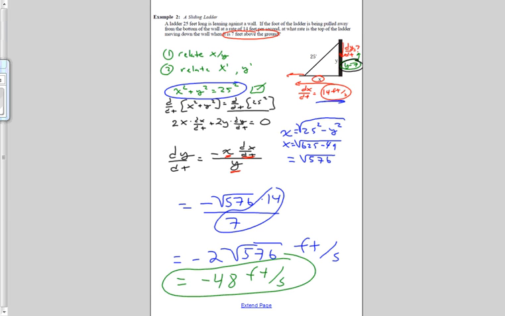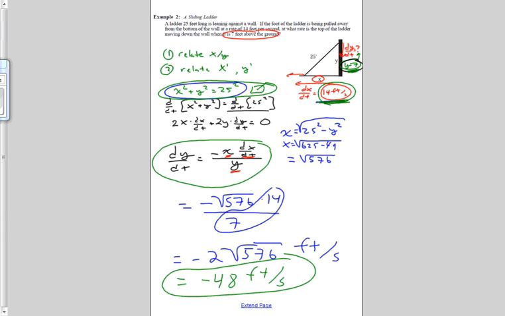So that's the speed at which the ladder is falling down the wall when the height is 7, given that it's moving at a constant rate of 14 feet per second away from the wall. And that all came from getting two equations, the one that relates x and y, and the one that relates dy/dt and dx/dt.